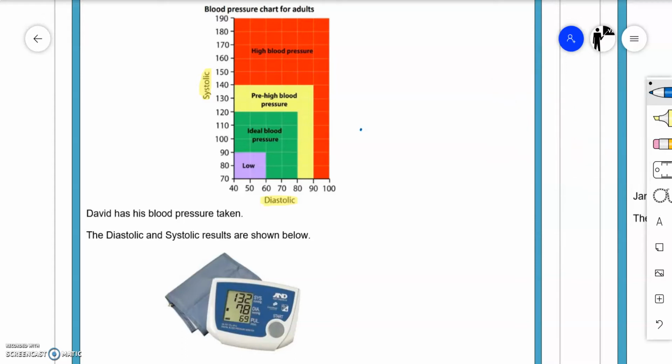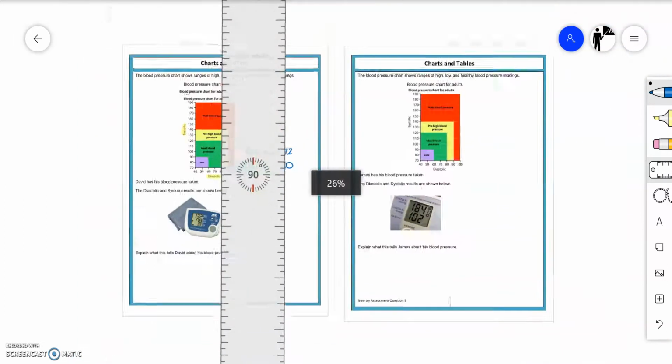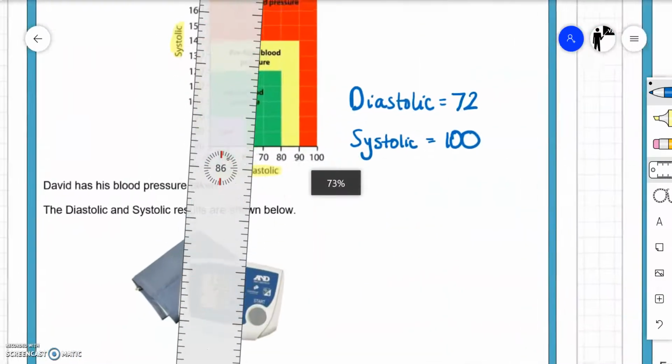So for example, if our diastolic reading was 72 and our systolic reading was 100, that would put us somewhere. So we would have to go to 72 and find where that is.